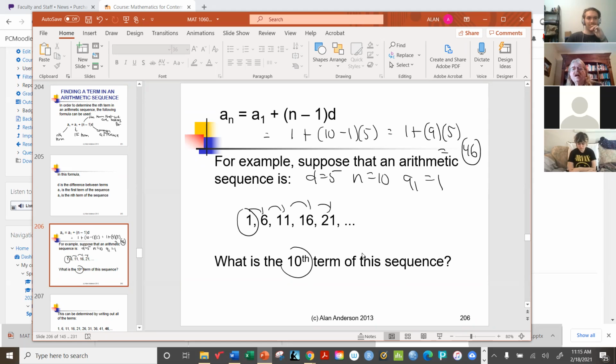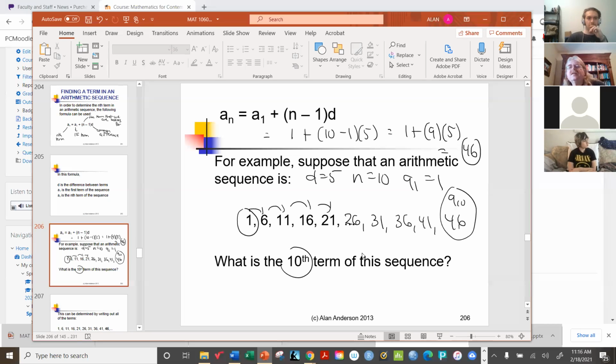Now, what was the other option? You could have just written them out. You said, well, this one must be 26 and 31 and 36 and 41 and 46. So if you count them, 1, 2, 3, 4, 5, 6, 7, 8, 9, 10. This is A10 right here.